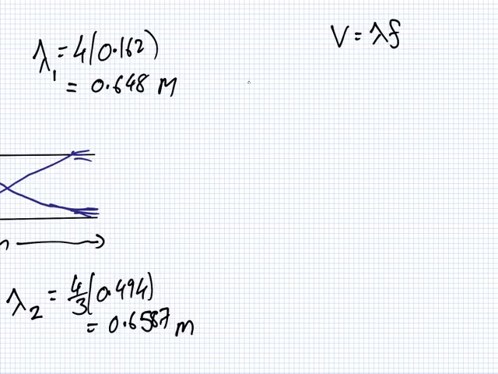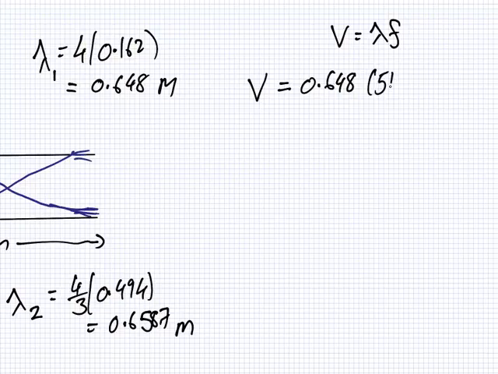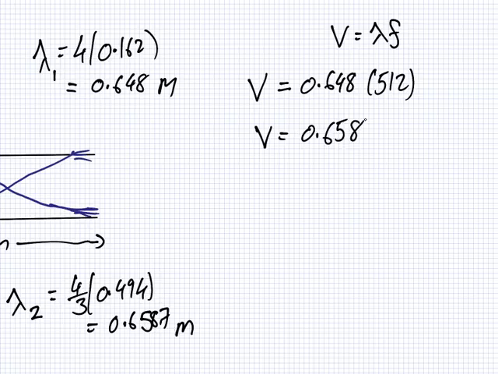So in this one we get v equals lambda, which is 0.648, times f, which we're told is 512. And then the second one, we have v equals 0.6587 times 512.